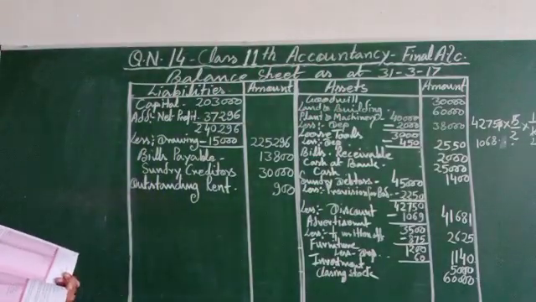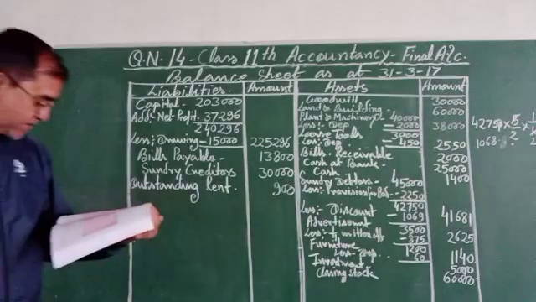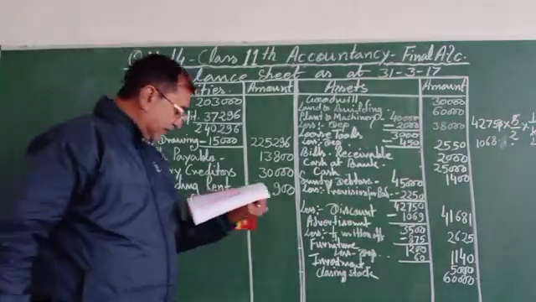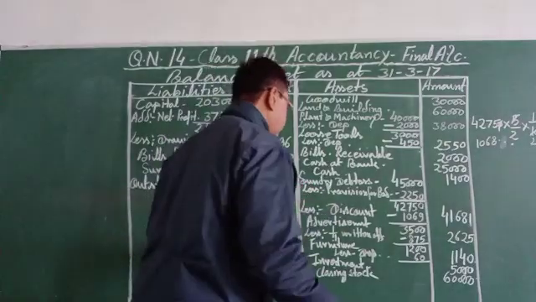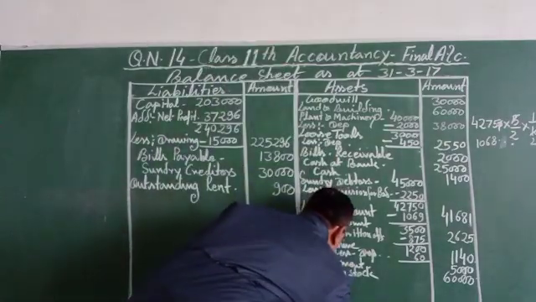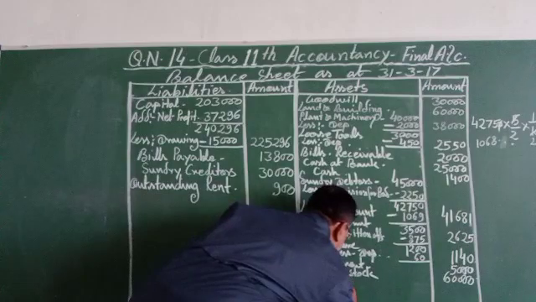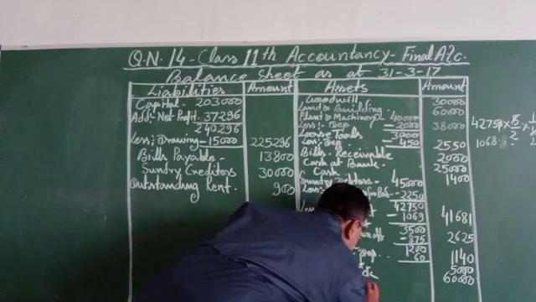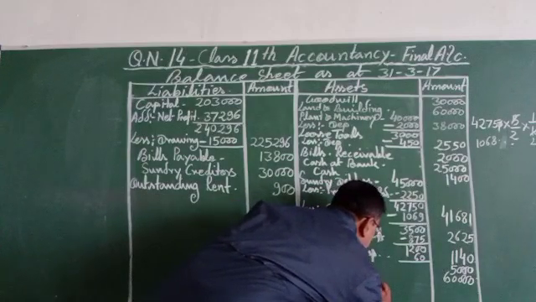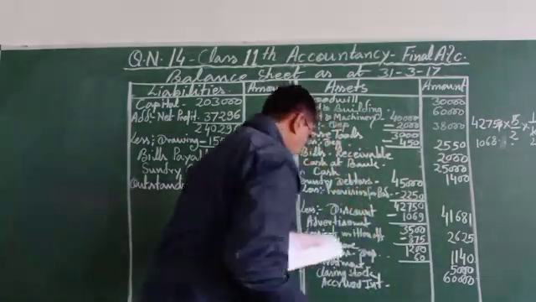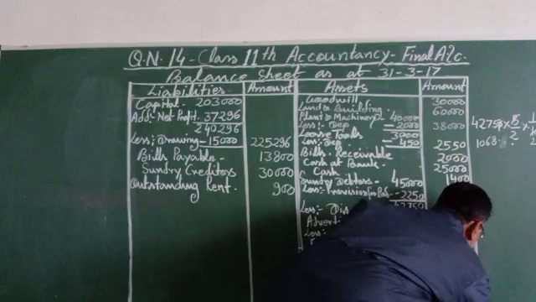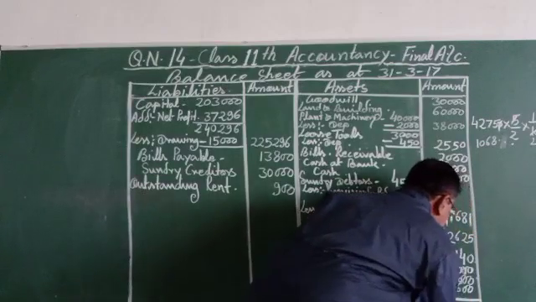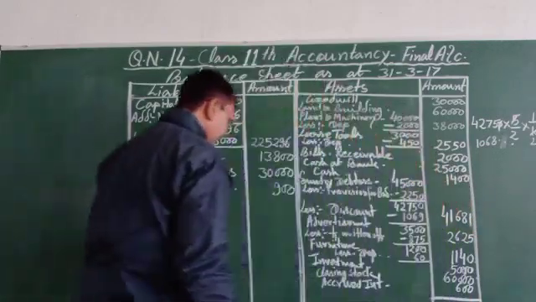And then only one additional piece of information is given regarding this, that is accrued interest. Accrued interest is given as 600 in the additional information. After that we can total this.